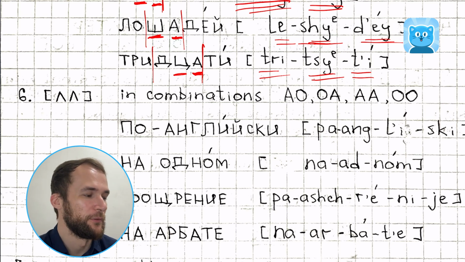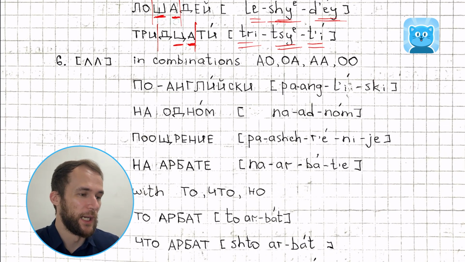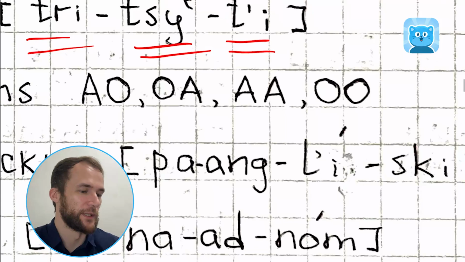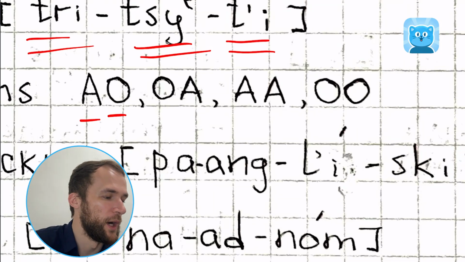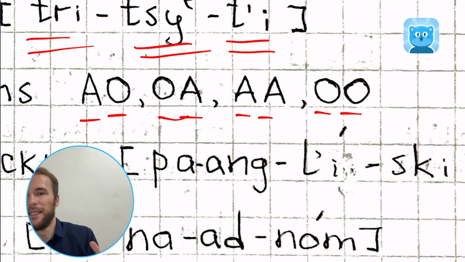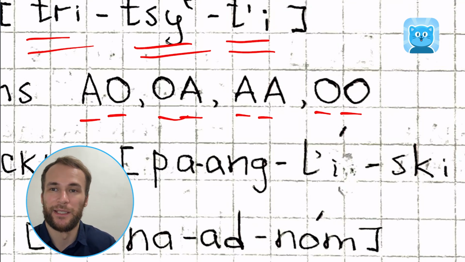But now we're going to talk about only a and o. So you see in combinations a, o, they will be pronounced in a different way than what we were talking about just a few minutes ago.